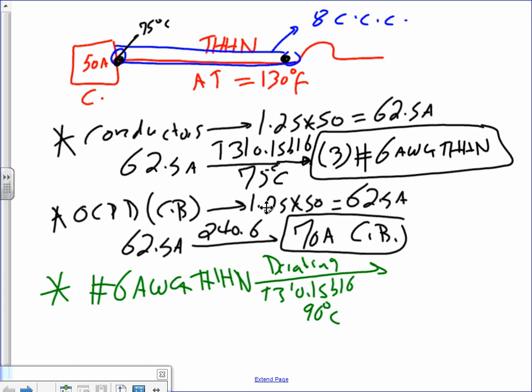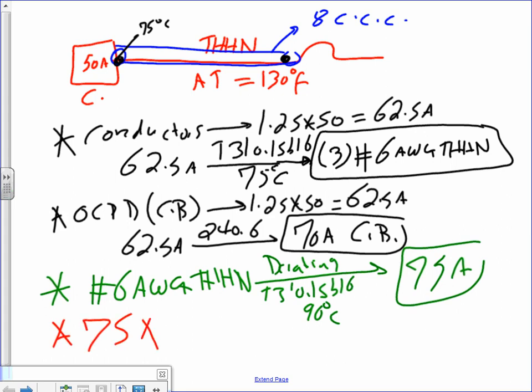Why did I go to 90 degree? We're derating. If I wasn't derating, would I go to 90 degree? Never. What's the amp for this guy under this table? 75 amp. That's a far cry from the amps under 70, right? Okay. Take your 75.